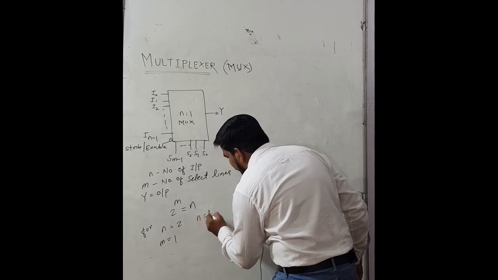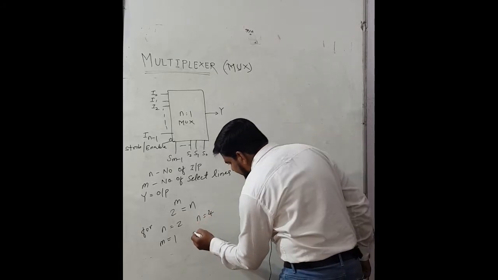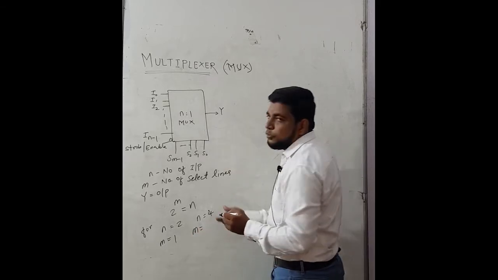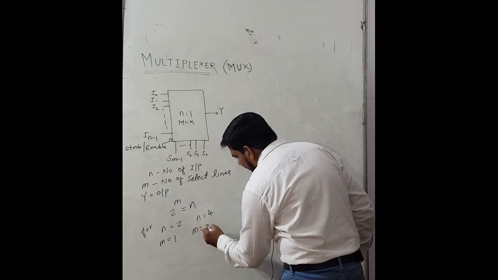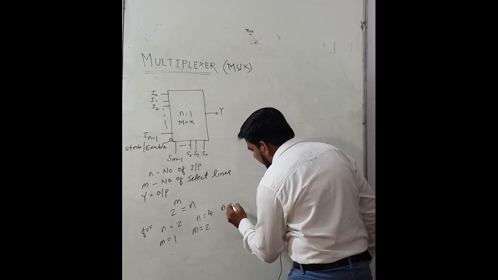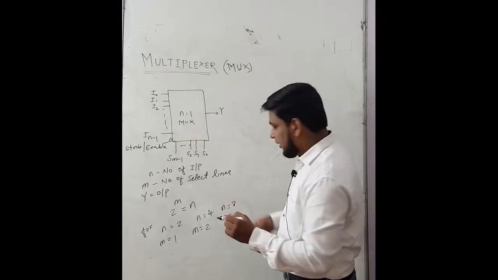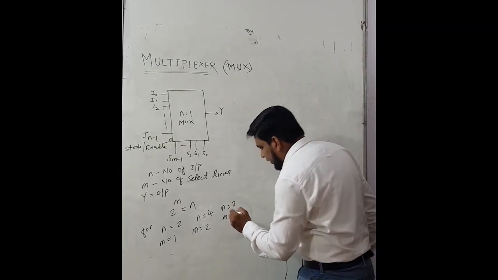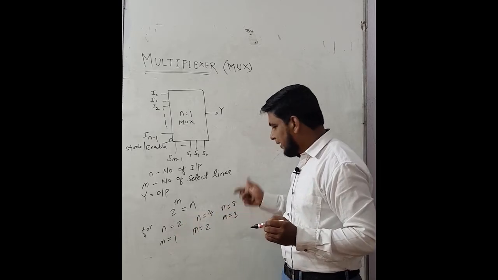For n equals 4, that is a 4:1 mux, 2 raised to 2 is equal to 4, so the value of m will be 2. For n equals 8, 2 raised to 3 is equal to 8, so the value of m should be 3. In this way, this is the relation between inputs and select lines.